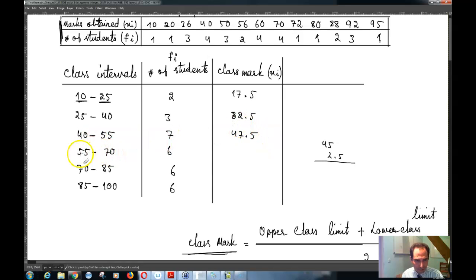And then, for example, 55 plus 70 is 125, so that's 60 plus 2.5, that's 62.5.